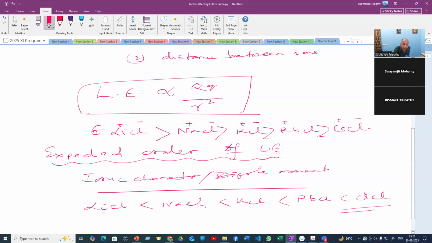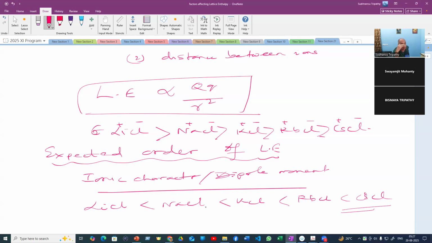Most ionic means ionic character is more. Cesium, because down the group electronegativity decreases. So chlorine remaining the same, the electronegativity difference becomes more and more, and hence the ionic character becomes more and more.